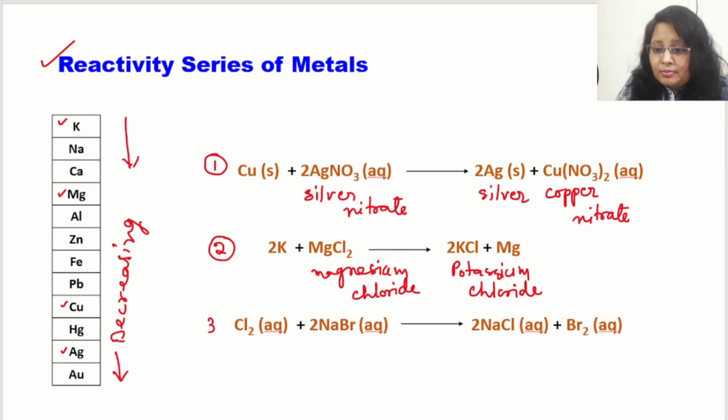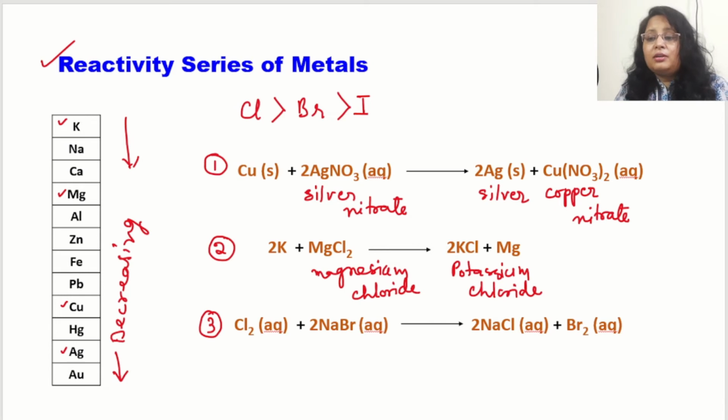Now one more example, which is for non-metals. Here chlorine is added to sodium bromide. Here sodium is the only metal, and we have two non-metals, chlorine and bromine. So here we will work on the non-metals. Non-metal will replace the non-metal. And for the reactivity series of non-metals, chlorine is highly reactive, then comes bromine, then comes iodine, like that. So chlorine is more reactive than bromine.